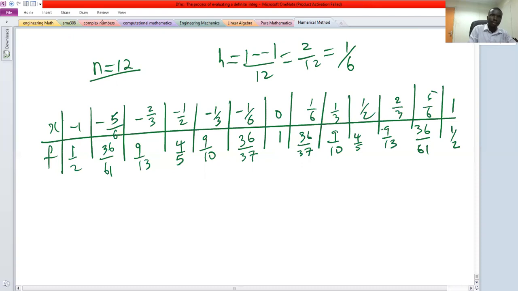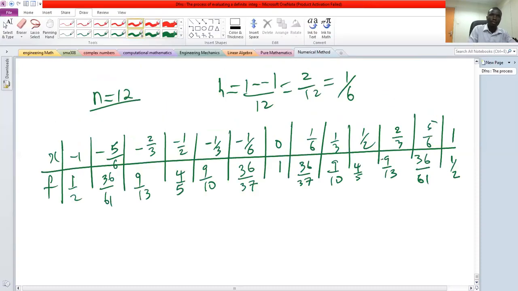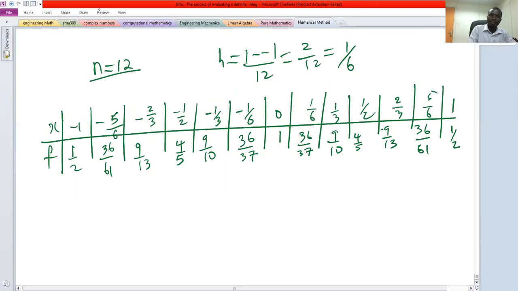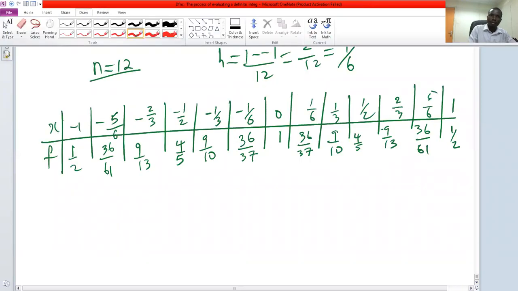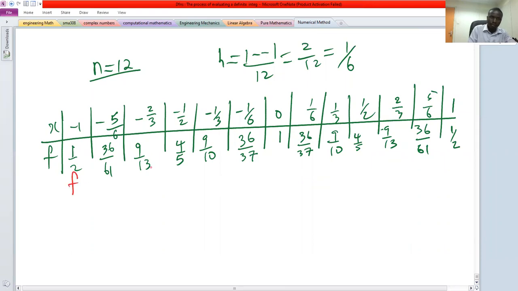As soon as you make this table, you label your f values: f0, f1, f2, up to f12.